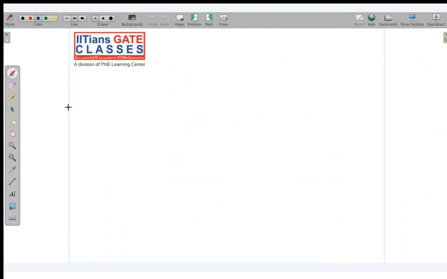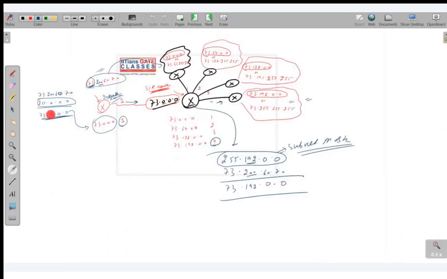That is, if a class A IP address is shared among 4 organizations, then still the internet router will have only 1 entry corresponding to that class A block.